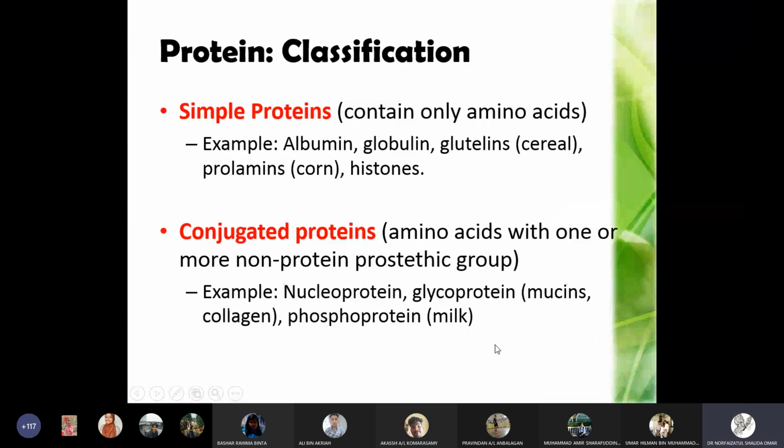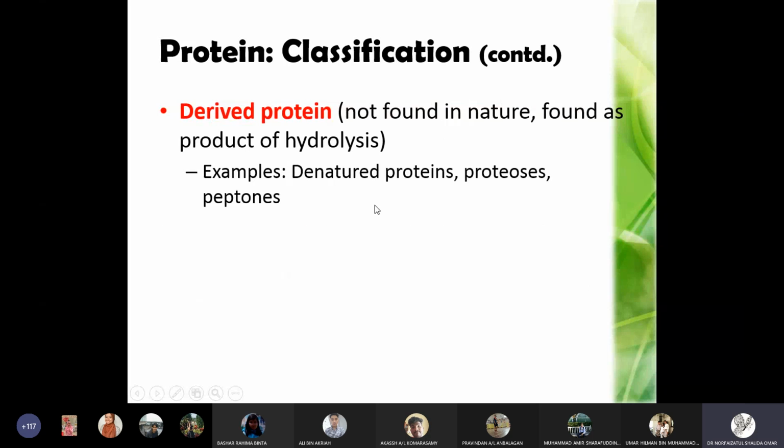Okay, next we go to protein classification. So previously with carbohydrates and lipids there were also classifications. So for protein also there are classifications. This is classification based on simple proteins, conjugated proteins, and derived proteins.